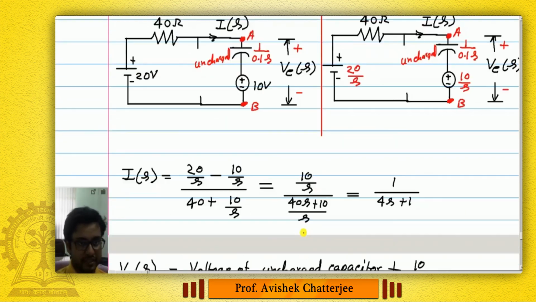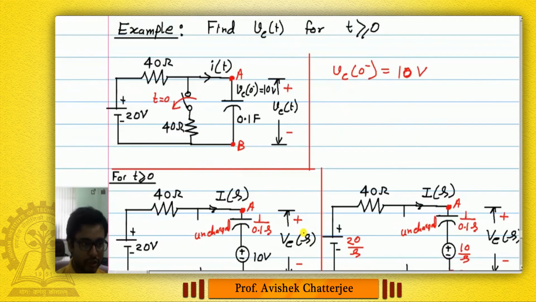Okay, that seems correct, because before the switch was opened, this voltage was 10 and capacitor voltage cannot change instantaneously, because for this voltage to change we need some current to flow here and some amount of charge to get stored in or out, but that will take some finite time.